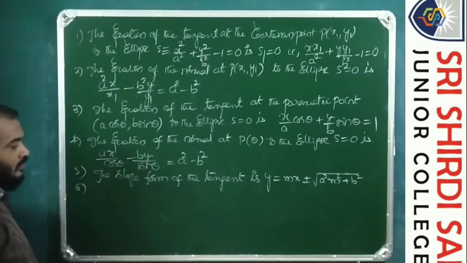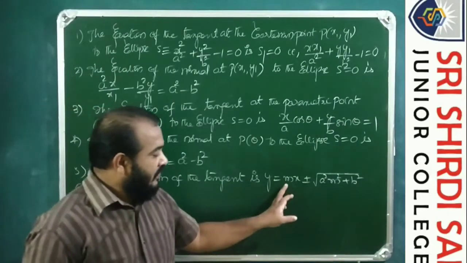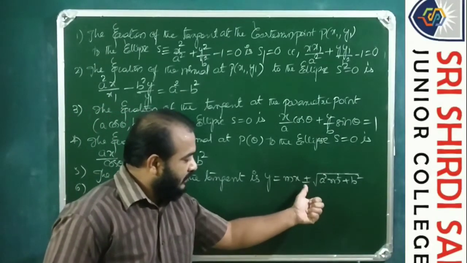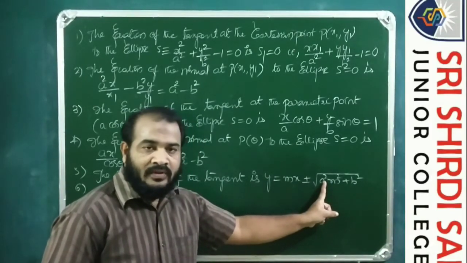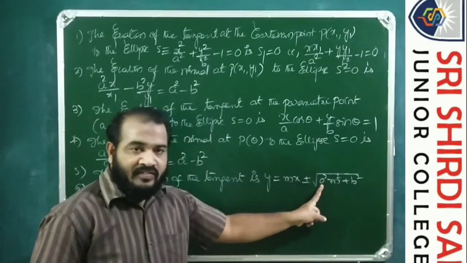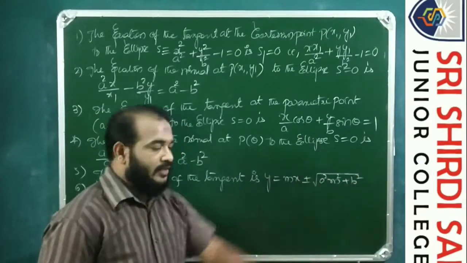So y equals mx plus c, and in the place of c we have this, and this is the condition for the line y equals mx plus c to be a tangent to the ellipse.